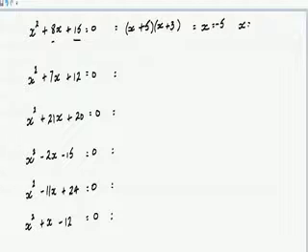Here we've got plus 3, so our answer is minus 3. So x is minus 5 and x is minus 3. It really is that simple. If this had been a minus 3, our answer would be plus 3. So we just take the number, change the sign.